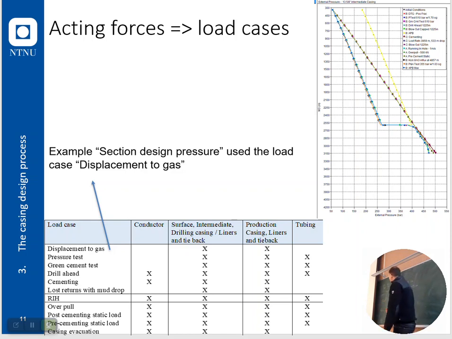So we call it a green cement test because the first hour after the cement is pumped into place, it is completely wet. And when you pressure test a casing, what does it do? It balloons.